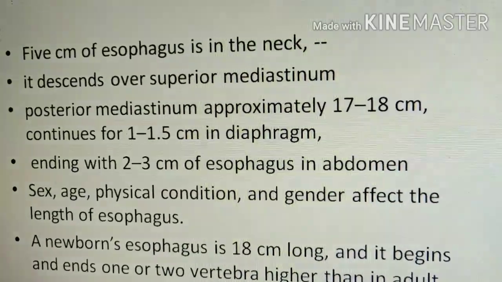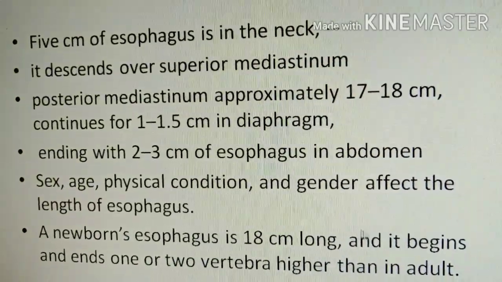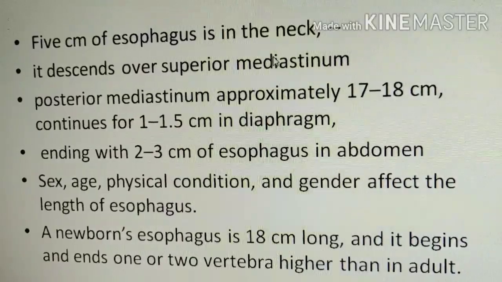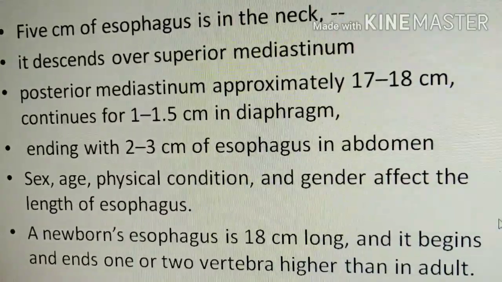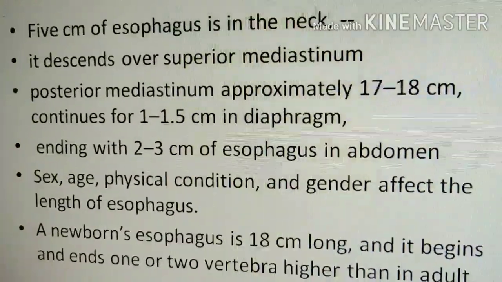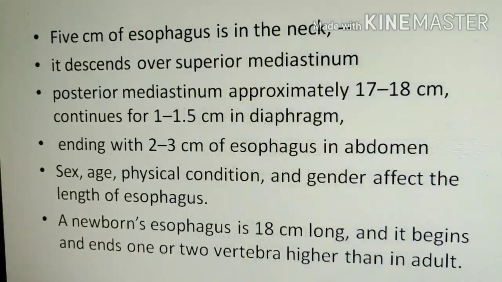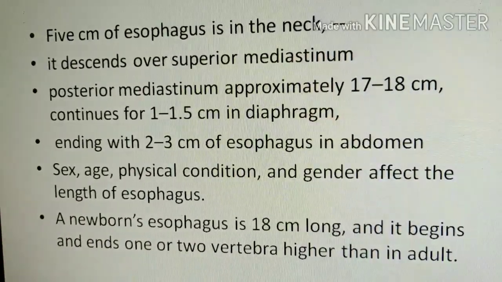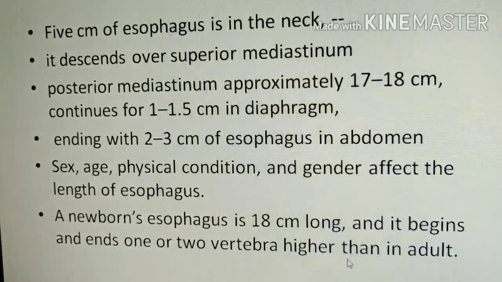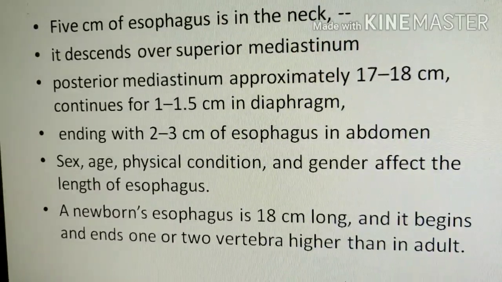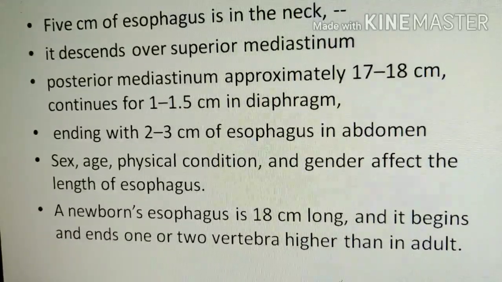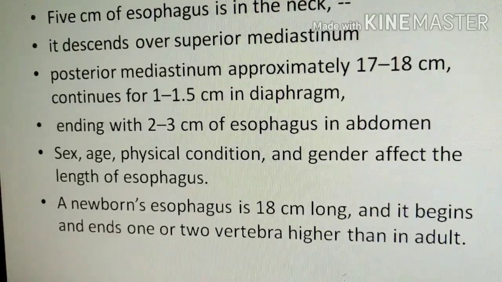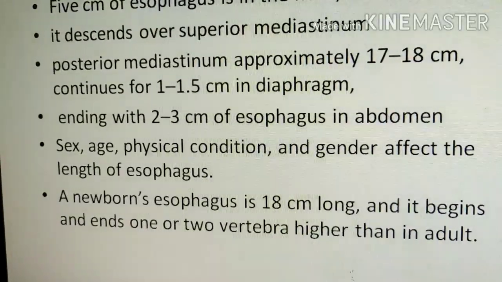Some important information. The esophagus in the neck has a length of about 5 cm, then it descends through the superior mediastinum and the posterior mediastinum, with a length of about 17 to 18 cm, and the esophagus in the abdomen is 2 to 3 cm. The length of the esophagus is also variable according to sex, age, and physical condition.